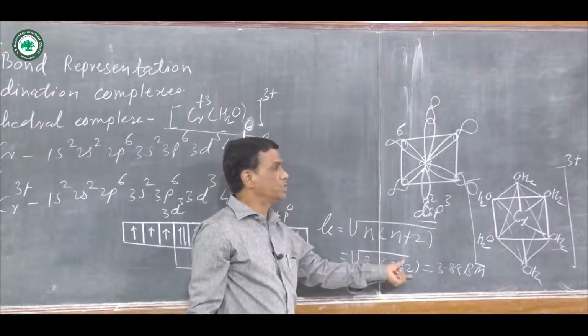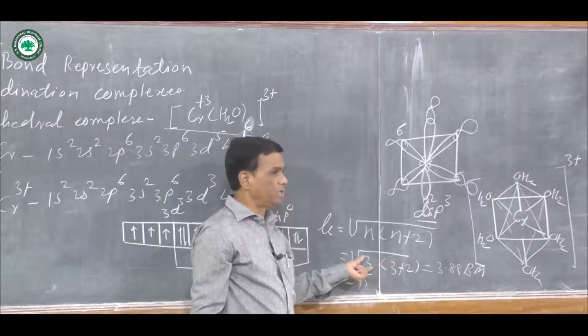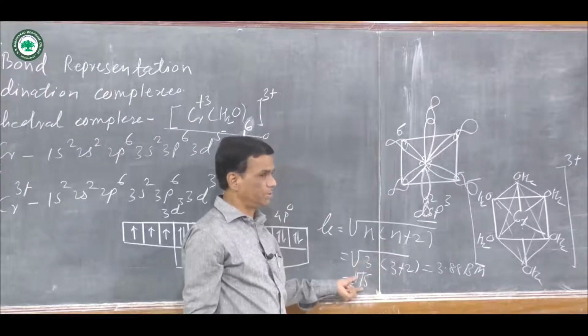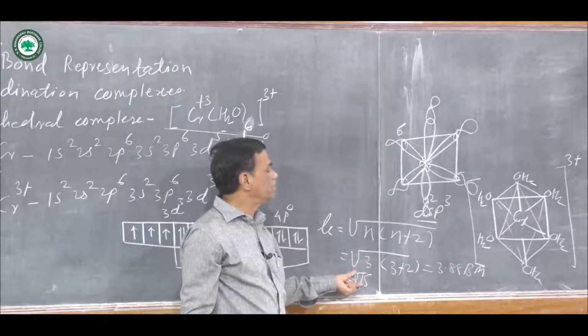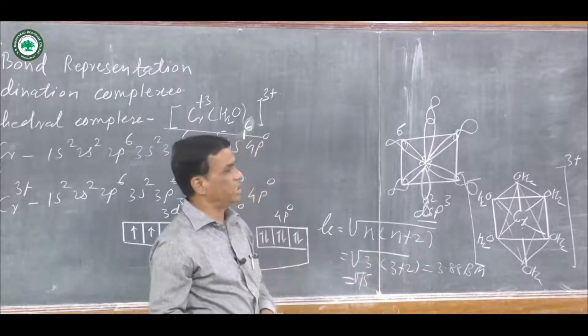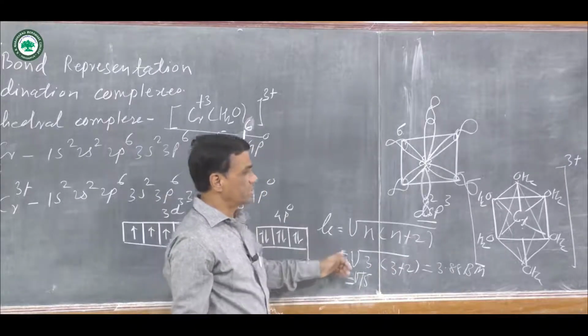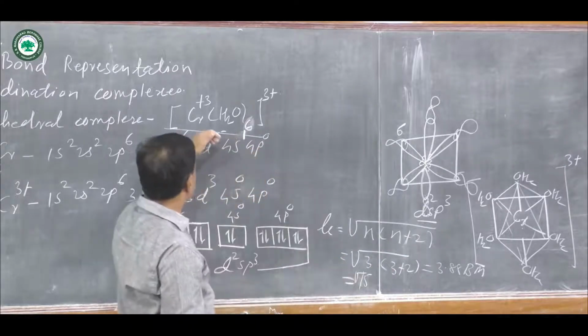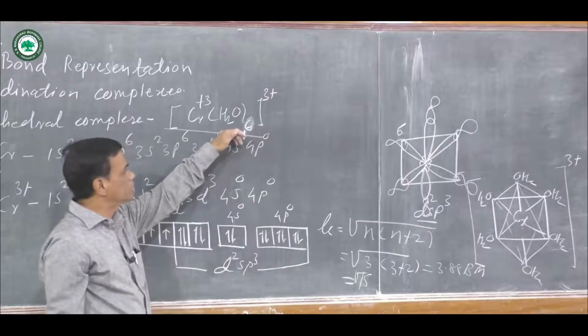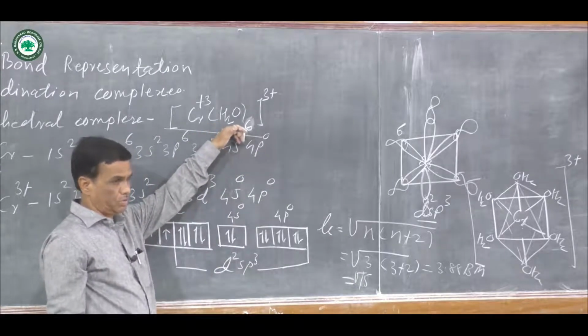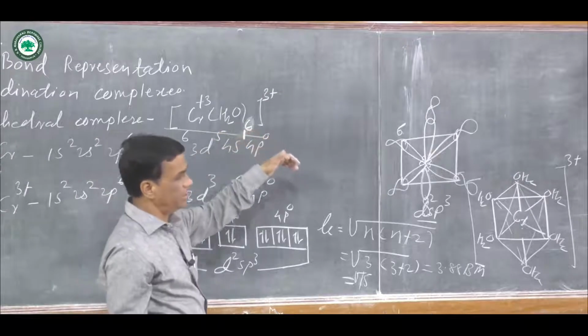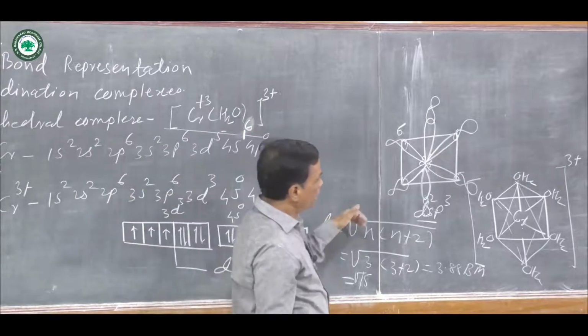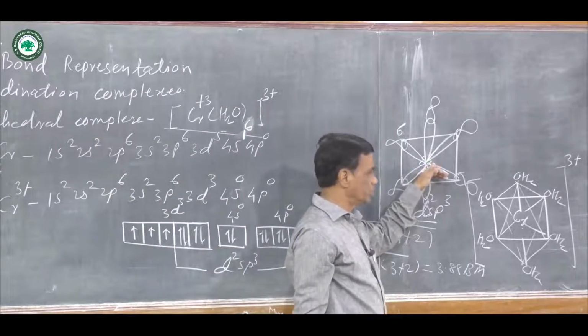Here 3 plus 2 is equal to 5, 5 multiplied by 3 is equal to 15, and the square root of 15 is equal to 3.88 BM. This suggests that this complex ion [Cr(H2O)6]3+ is octahedral in nature. Coordination number is equal to 6.